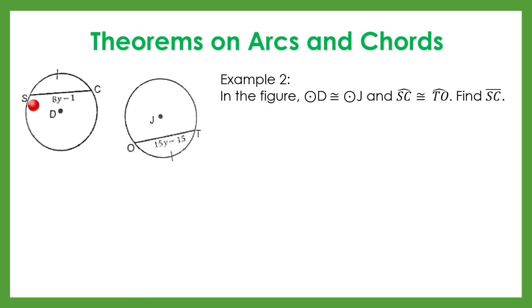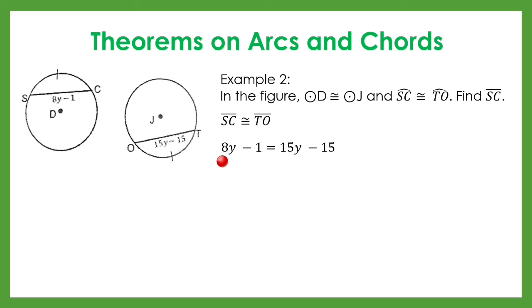So, ang hinahanap ay kung ano yung measure ng line segment SC. So, alam natin na ang arc SC ay congruent sa arc TO. Therefore, yung corresponding chords ay congruent din based sa Theorem 1. Therefore, line segment SC is congruent to line segment TO. What is line segment SC?